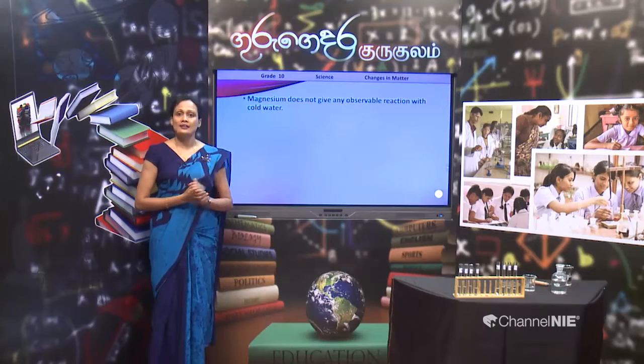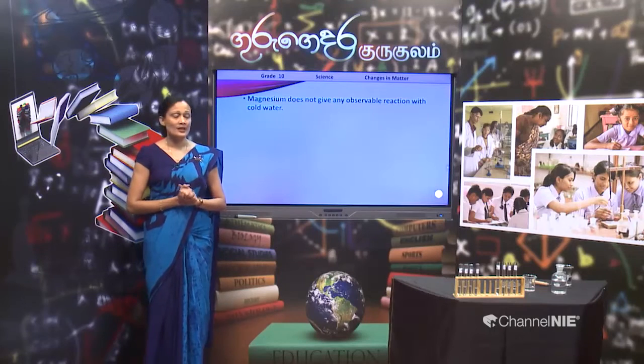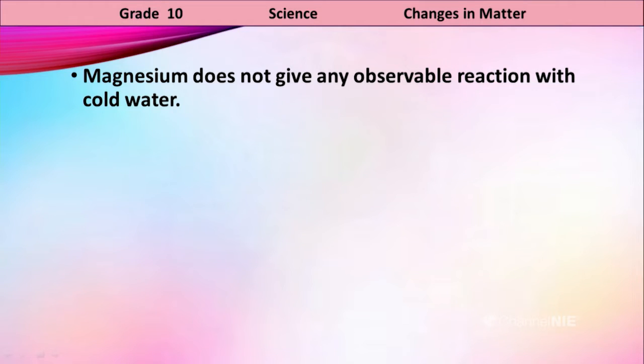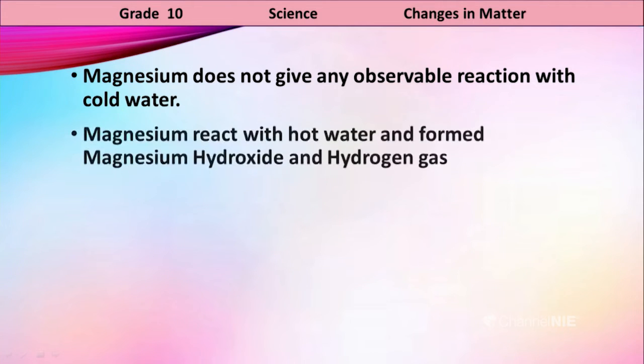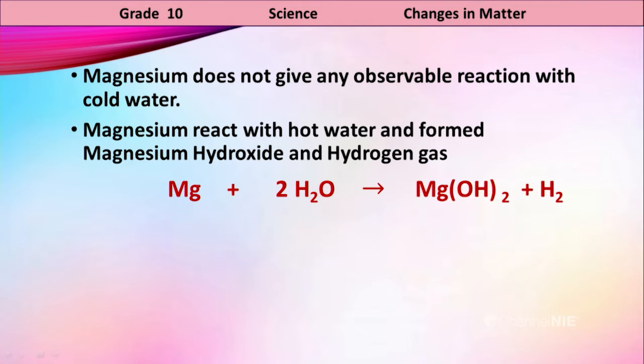experiments that we did. If we consider magnesium, magnesium does not give any observable change with cold water. But magnesium reacts with hot water and forms magnesium hydroxide and hydrogen gas. Look at this equation.